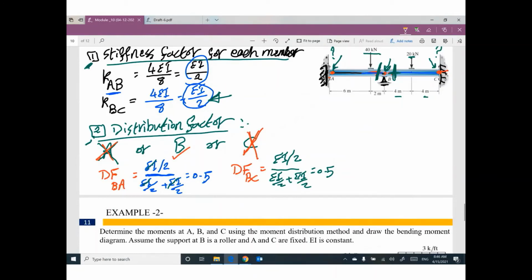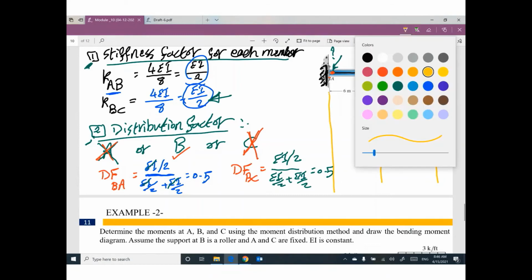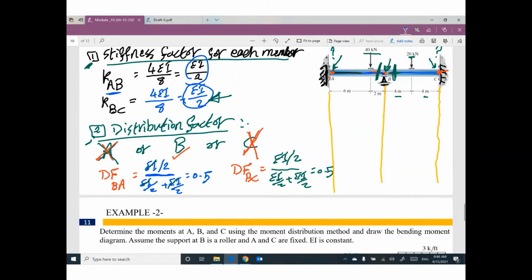It's a game. I will draw lines at each joint down, and I will write here distribution factor. Do you have distribution factor at this side? No, 0. Do you have distribution factor at these two sides? At point B, yes, 0.5 and 0.5.